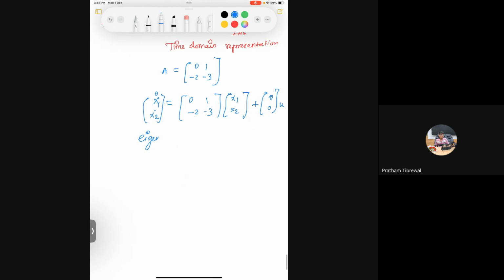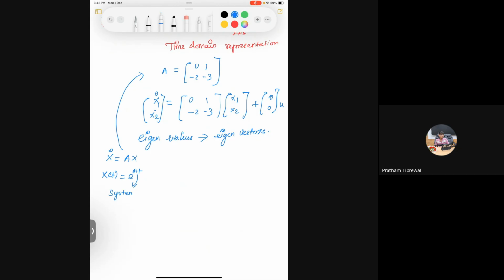Have you heard of eigenvalues and eigenvectors anywhere in some other subjects, math preliminaries or anything? Yes, ma'am. We are going to use the same concept here, because the solution to the equation x dot equal to Ax, which is in terms of state space, is e power at, where A represents the system matrix.